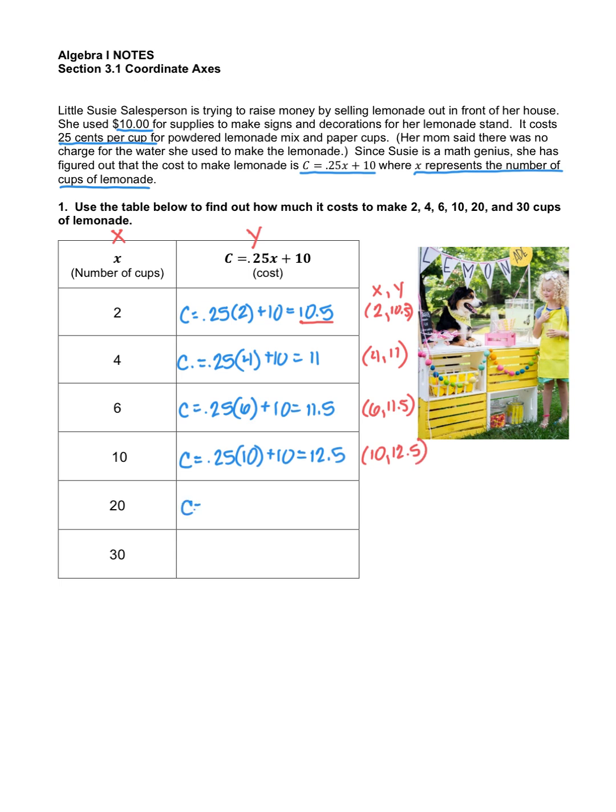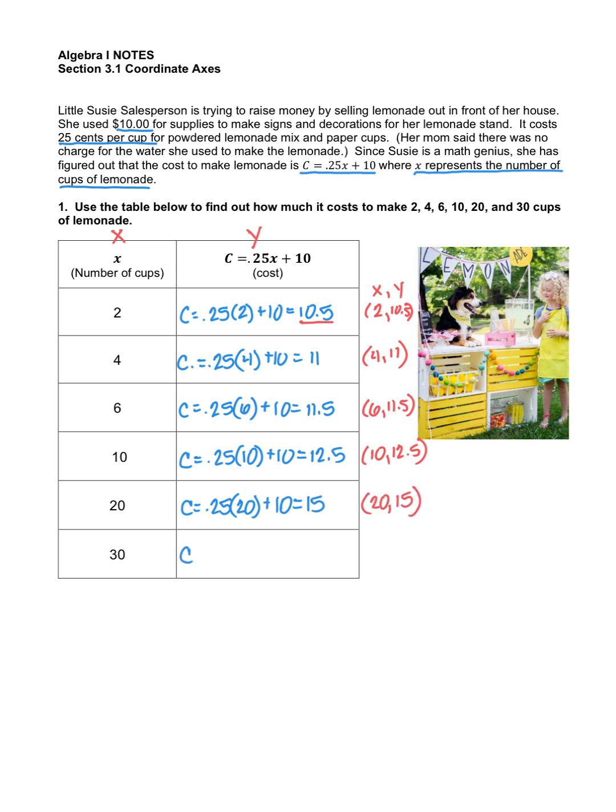Now we have C equals 0.25, and let's plug in 20 for our x, plus 10. That equals 15. Let's put in our coordinates. Our x is 20, and our y is 15.